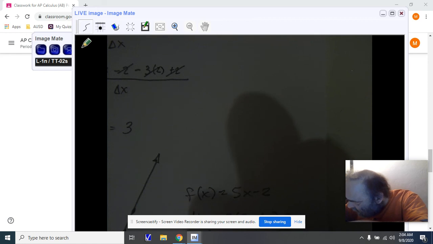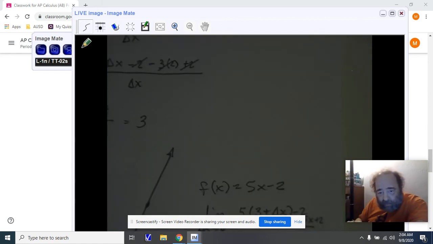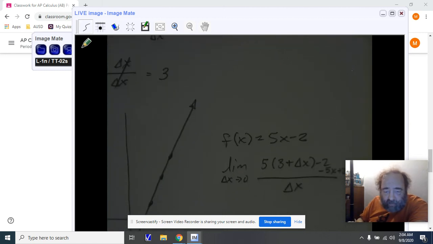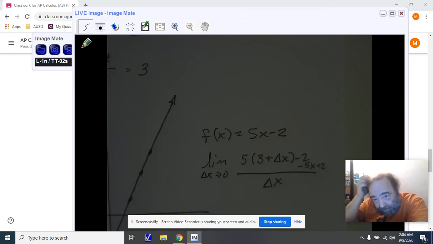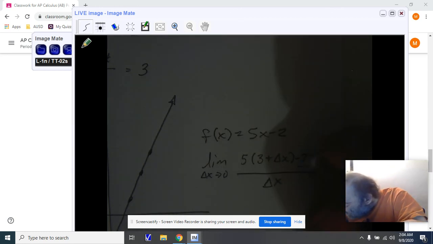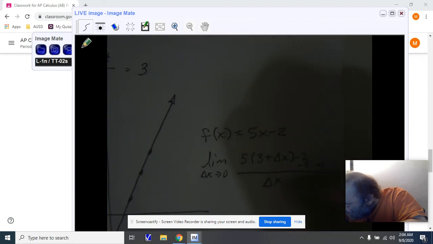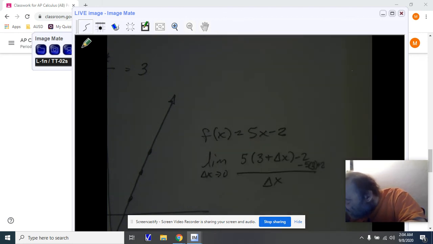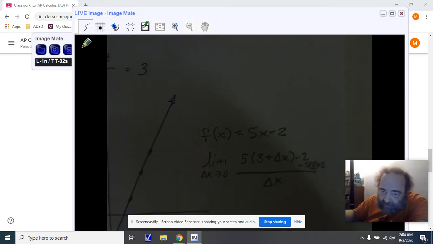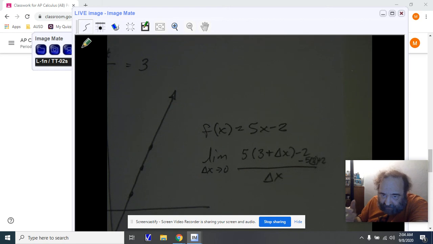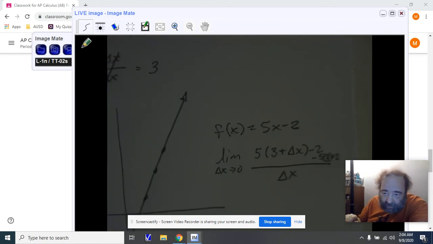This little piece is minus 5 times 3 plus 2. That has to have a slope of 5. If you go through all of the work, we distribute, we add our like terms, you'll notice 15 minus 15 are going to cancel. The 2 minus the 2 are going to cancel. I'm looking at 5 delta x over delta x. The delta x's are going to cancel, and it's the slope.